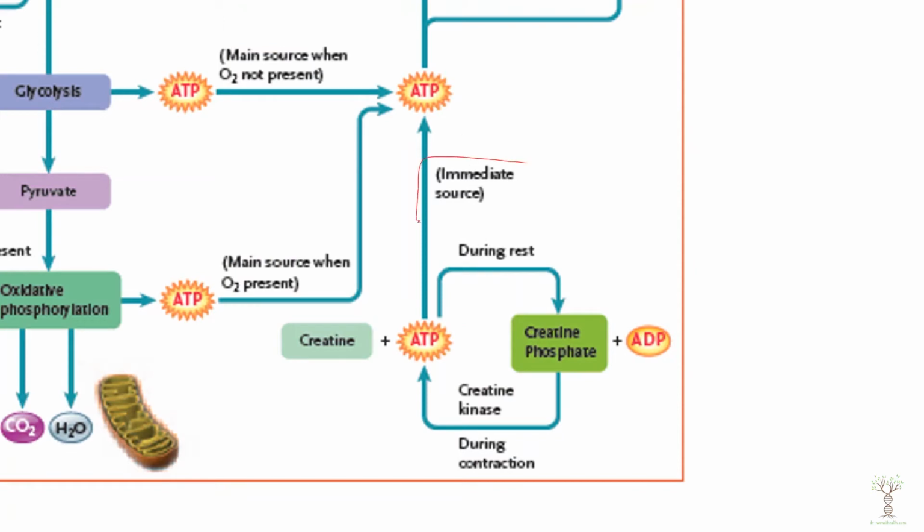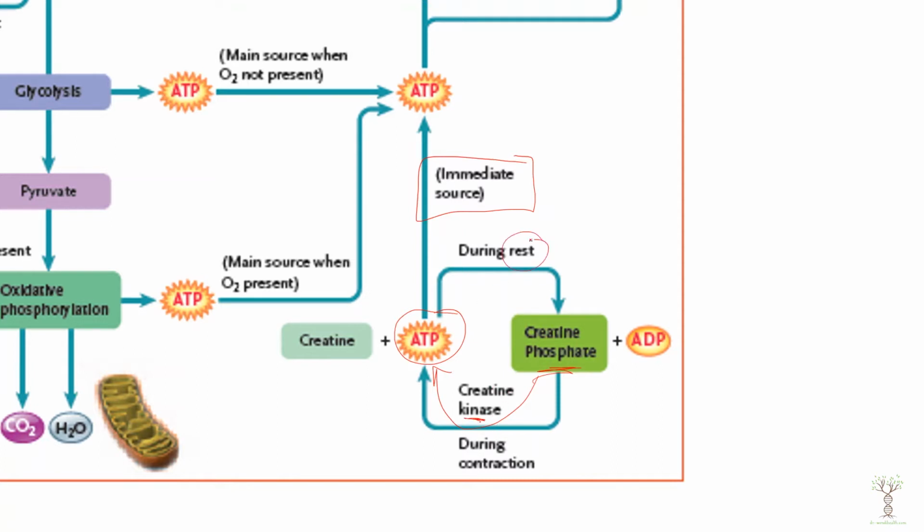So our very initial immediate source of energy is creatine phosphate, and this is stored in the muscles. The phosphate can be moved to an ADP molecule to make ATP. The enzyme that is used to move this phosphate is called creatine kinase.